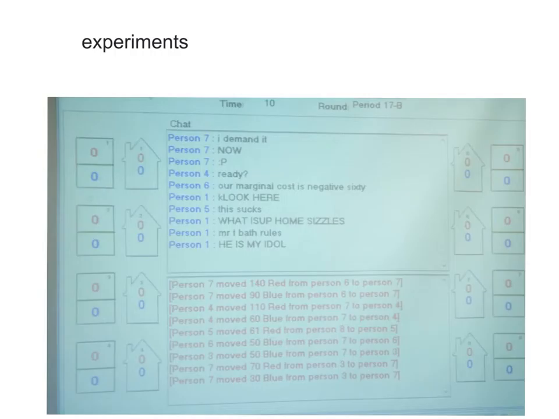So this little society had to create and figure out a way to enforce trading rules, property rights rules. It's an experiment that examines how societies and systems of relationships develop endogenously. You see the chat there.